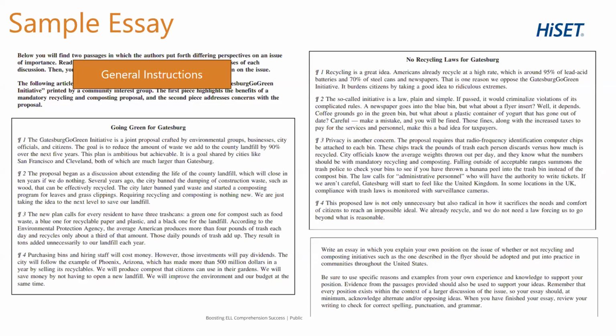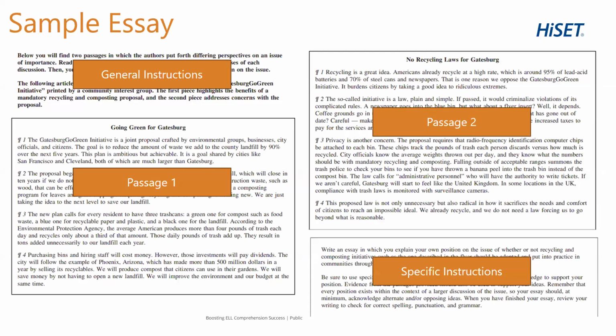And then after the passages, they'll see more instructions where it's saying, here's what you need to do. You need to write an essay in which you argue your position on the topic. Make sure you use evidence and discuss the opposing side. And then check your writing for grammar, spelling, mechanics.